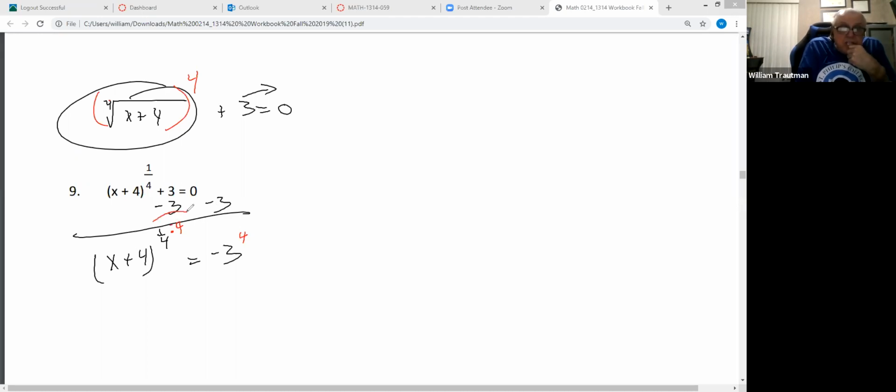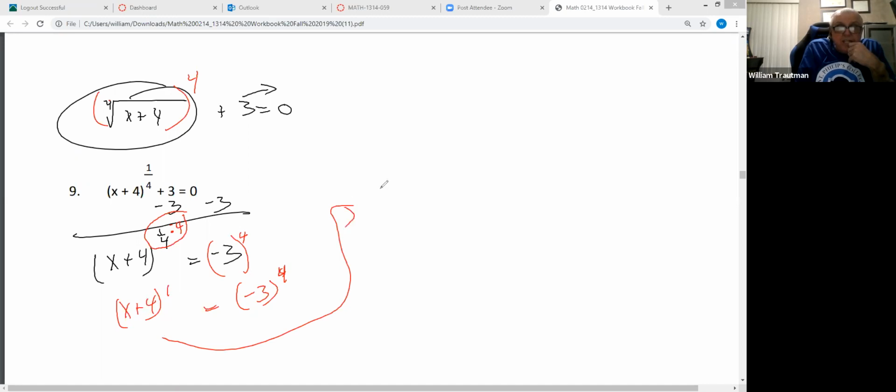On your calculator, 1/4 times 4 is 1. By the way, this whole side is to the 4th power. That's why I'm putting it in parentheses. x plus 4 to the 1 power is just x plus 4.